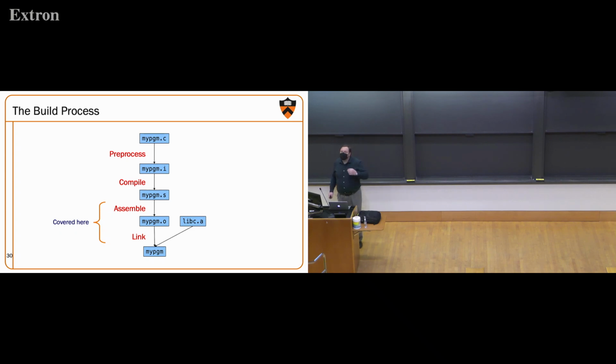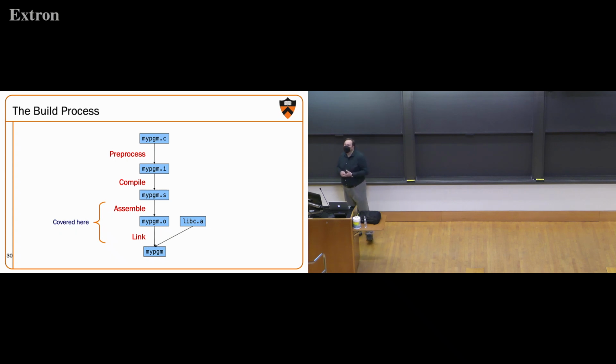Compilation is really kind of beyond the scope of COS 217. There's a COS 320 all about writing compilers, essentially translating from a high-level language, such as C, into a low-level language, such as assembly language. And then today we're going to talk about the assembler and the linker.